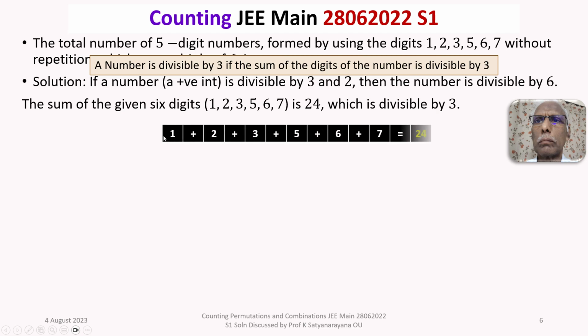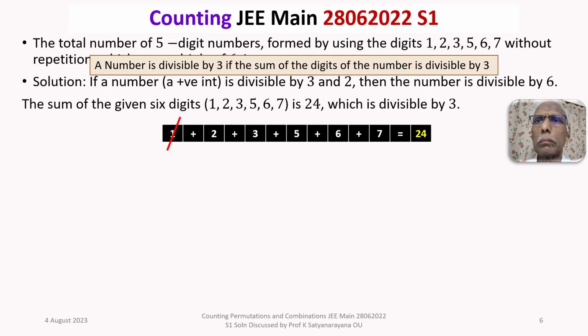So the sum of the 6 digits is 24. Suppose we form a 5-digit number without 1. Then we have 5 digits, but the sum of the 5 digits is 23, which is not divisible by 3.